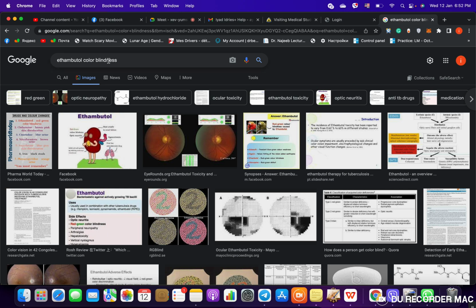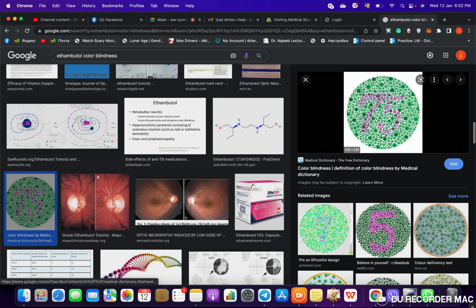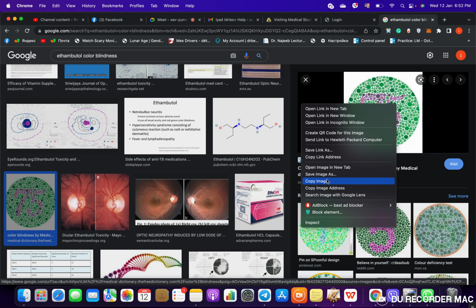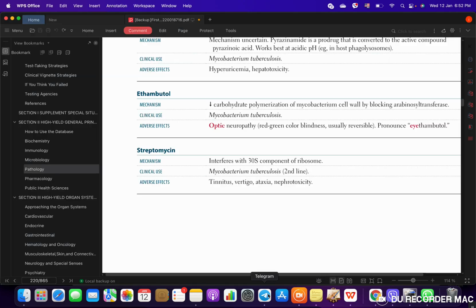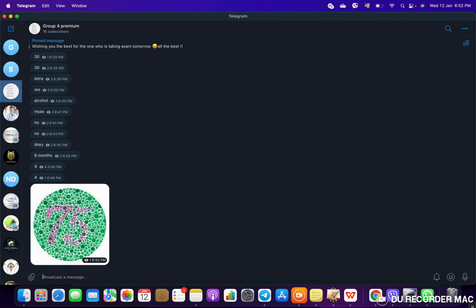Which other medication led to problems in the vision? I hope you are thinking about sildenafil. It leads to blue vision, yeah? So sildenafil leads to blue vision.